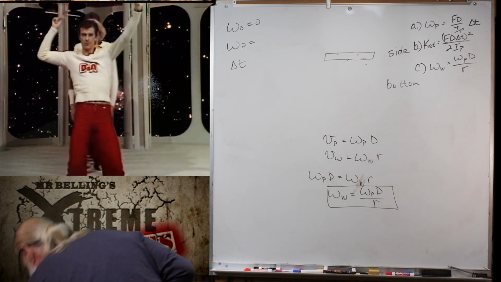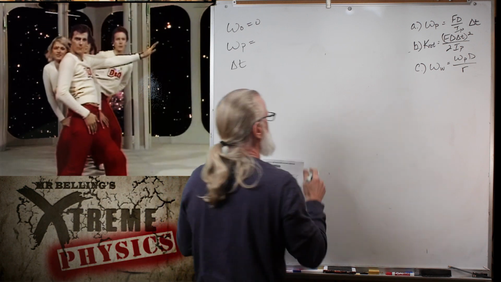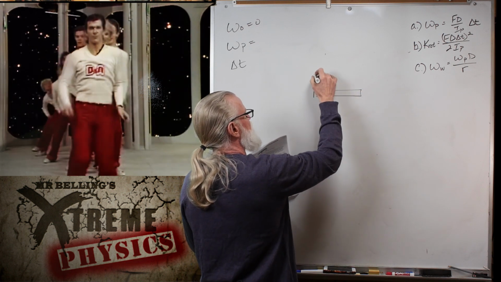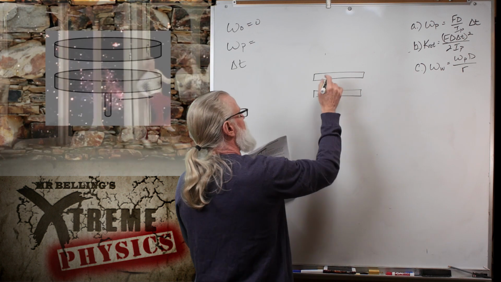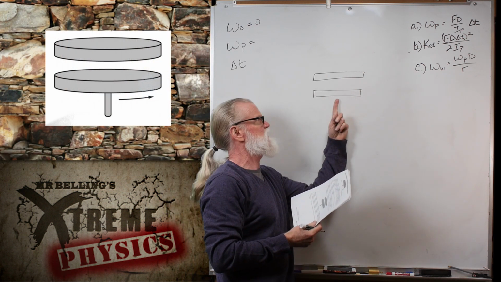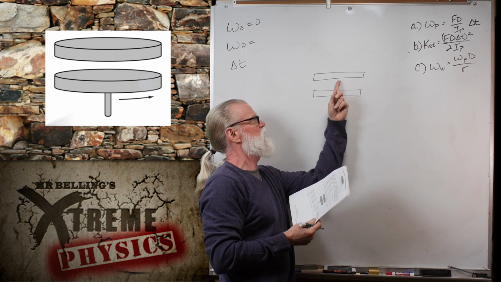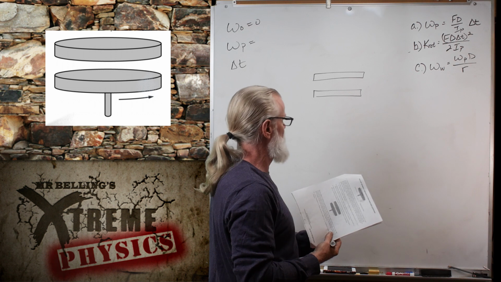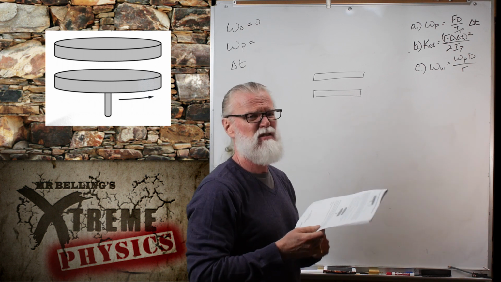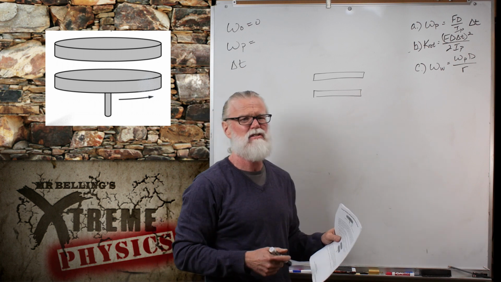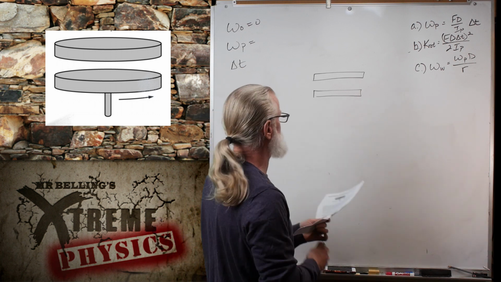Time to erase. This screams conservation of angular momentum. Our system is the wheel on a frictionless bearing and the one dropped on top of it. They're identical. The system itself has no net torque, so angular momentum is conserved.